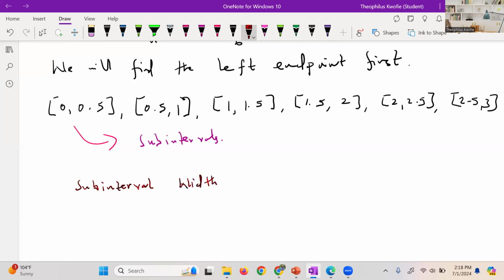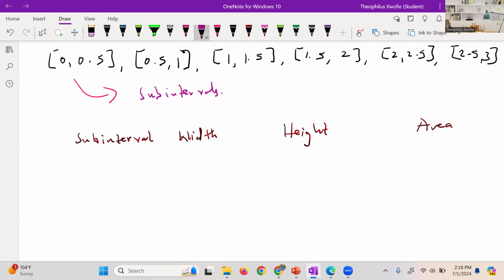We have the width. We also have to look at the height. And for the height, we want to say that x is equal to the left endpoint, okay? So we're going to look at the left endpoint. I'll explain that, and then we'll look at the area, okay? So this is what we are going to do.